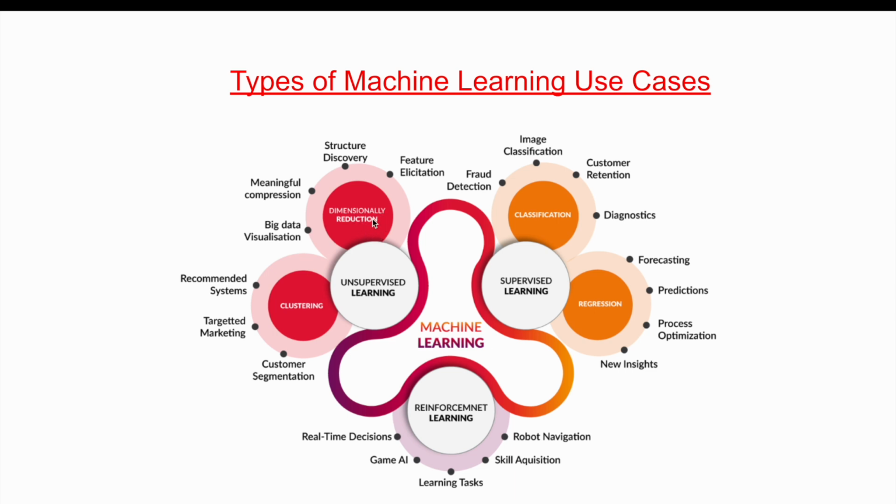For dimensionality reduction, we have meaningful comprehension, big data visualization, and also structure discovery. So these are a few different areas where machine learning can be utilized in the real world in industry.